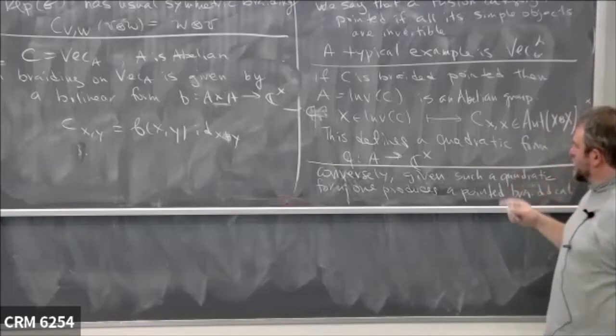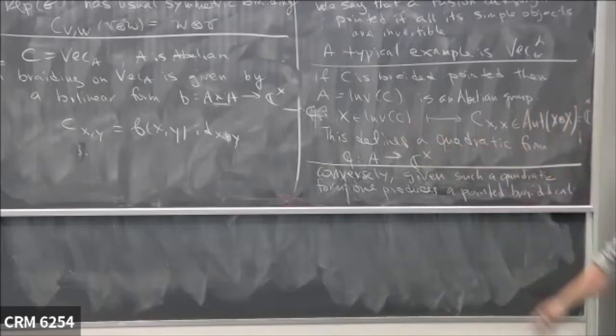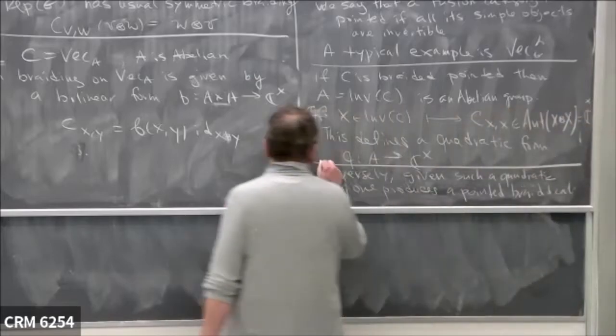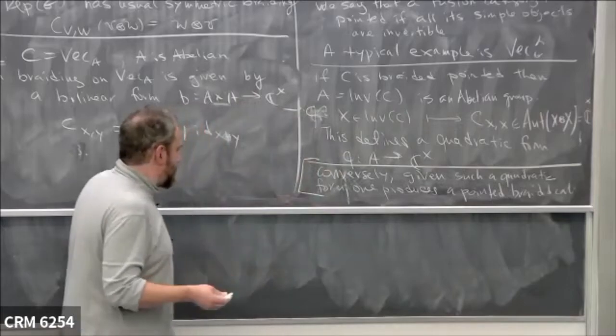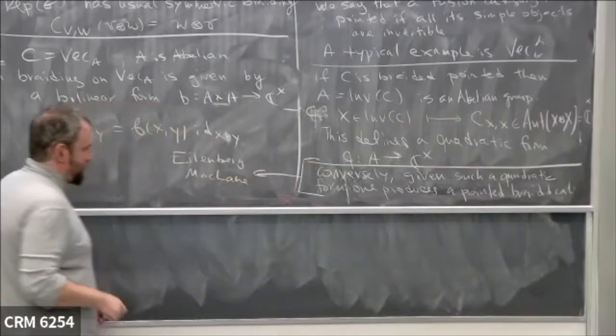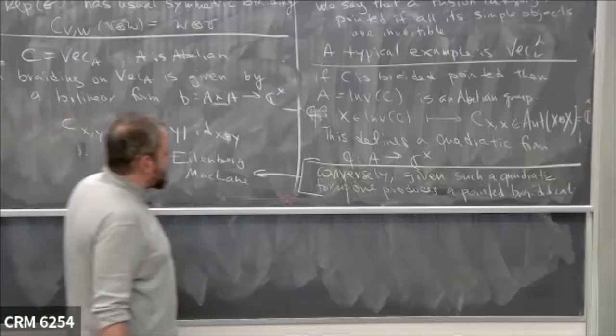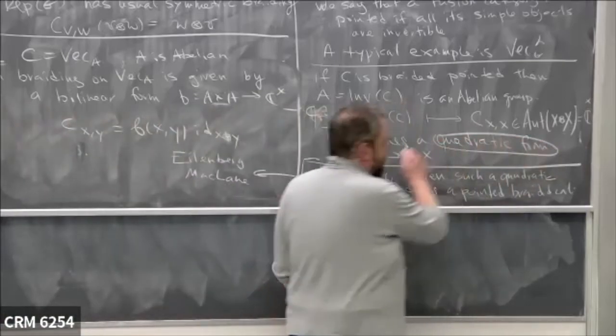So there are two statements here. One, that the resulting thing is a quadratic form, is an easy statement. It can be directly checked from the definition of braiding. The converse is something well known. This is a theorem of Joyal and Street, and it's less obvious and requires some work. But the bottom line is that pointed braided fusion categories correspond to quadratic forms on abelian groups.